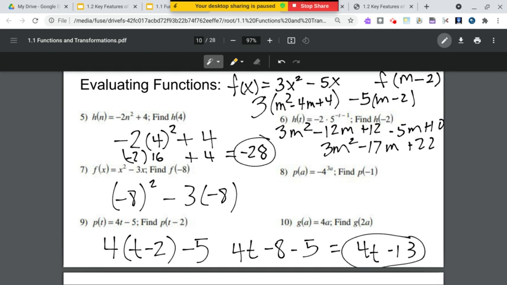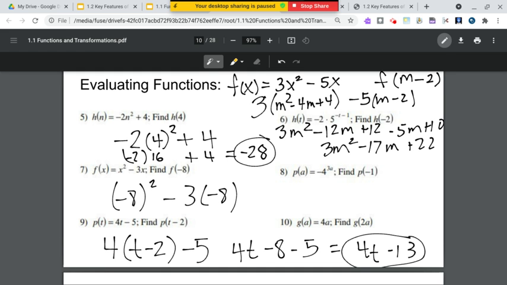Do you want me to do it with you, or do you think you're okay? Okay, so I got to the part where I distributed the 3, and I got 3m squared minus 12m plus 12 minus 5m plus 10.